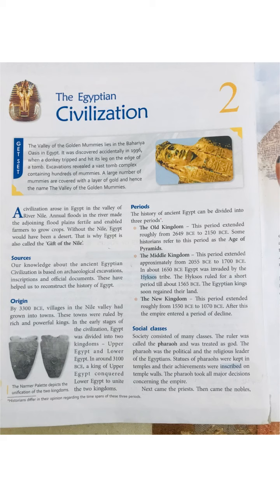All right. So at the first tier, pharaohs were there. Then second tier, priests. Third tier, nobles, officials, and scribes. Fourth tier, merchants, artisans, and farmers. And at the fifth tier, slaves.